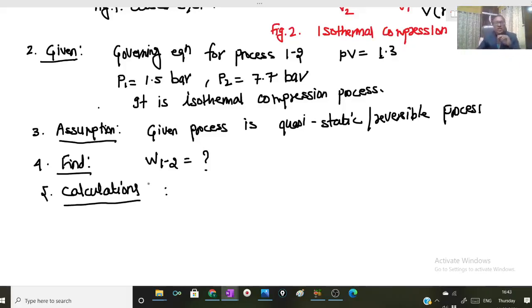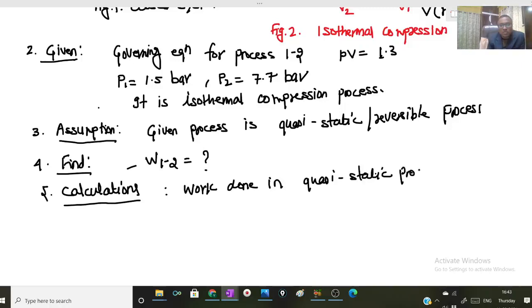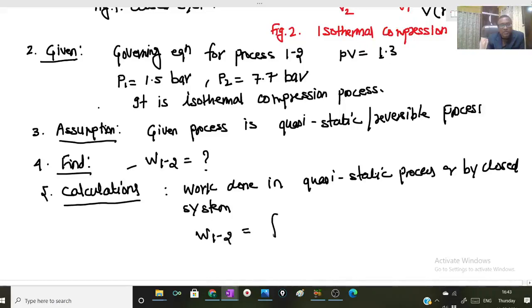Now we know that if a process is quasi-static or reversible, or the process is taking place in a closed system, then for such condition work done will be given by the general expression, integration of PdV.